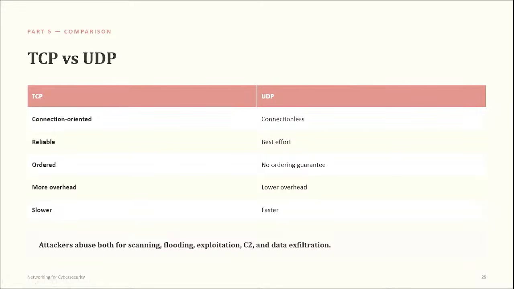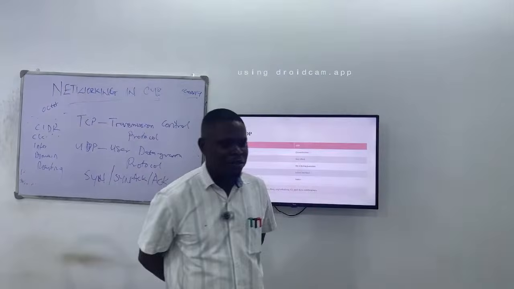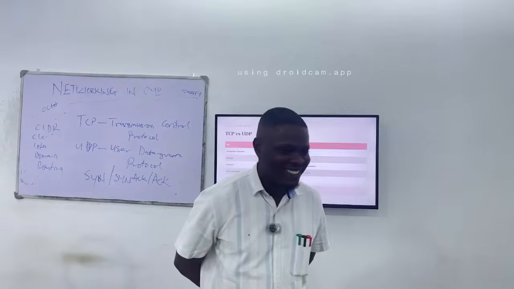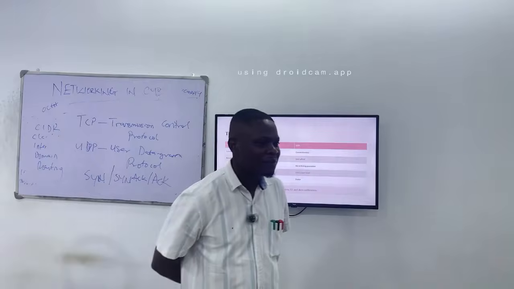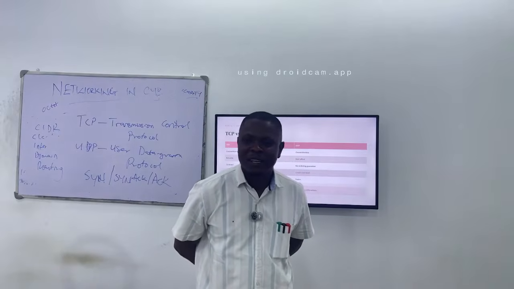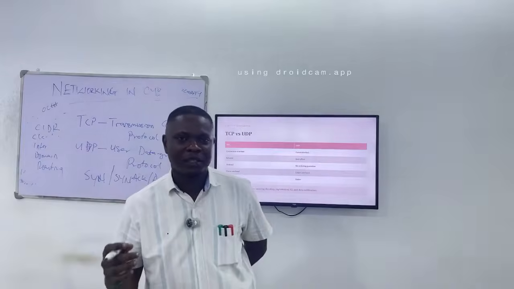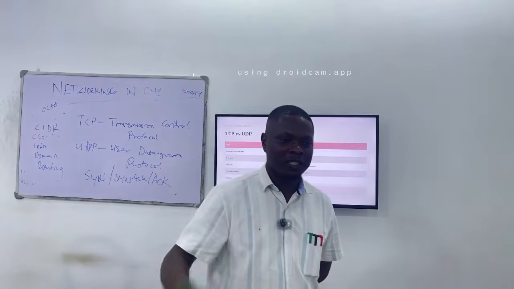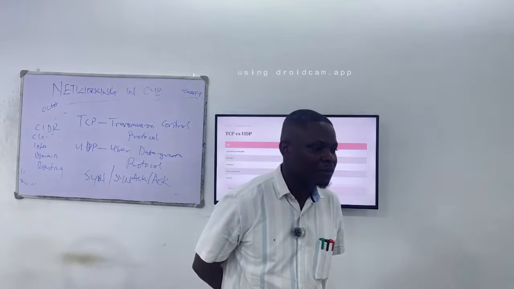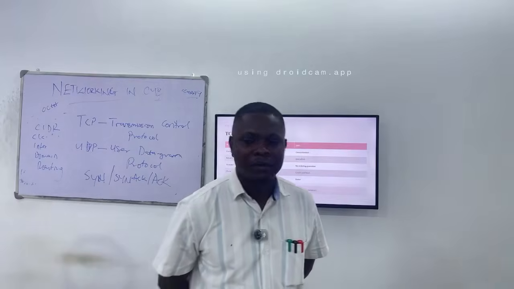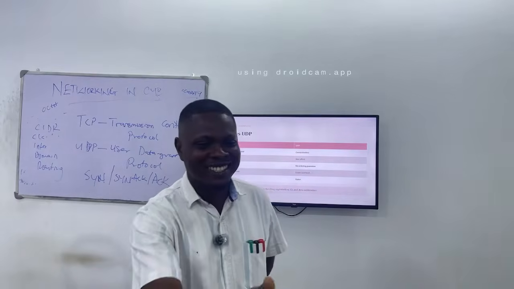Attackers abuse both for scanning, flooding, exploitation, C2, and data exfiltration. Quick question, what's C2? I know this is our last class. Sorry to take us back to our previous class: what is the seventh stage of the kill chain?